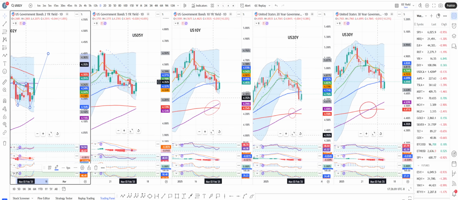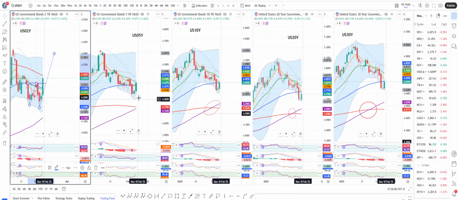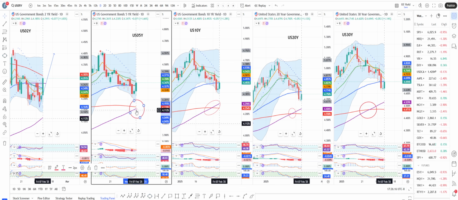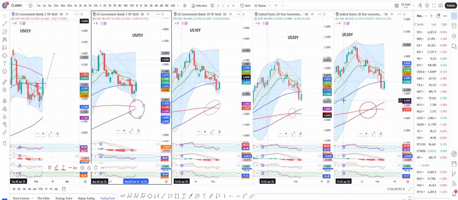If we look at the 5-year yield, they're slightly behind, but they also formed a tower bottom here, and this is a strong formation. And if we look at this one, this is the cross that is going to happen in the next couple of days. This is going to be a bullish cross, 100 over 200 daily moving averages, similar to what 10, 20, and 30 years have already recorded.